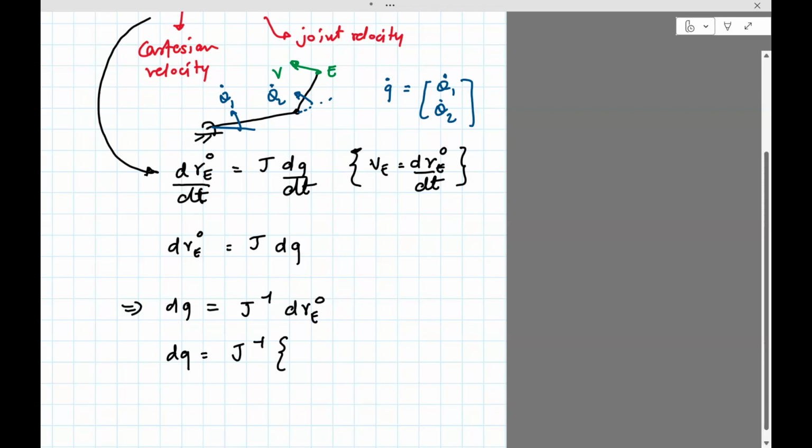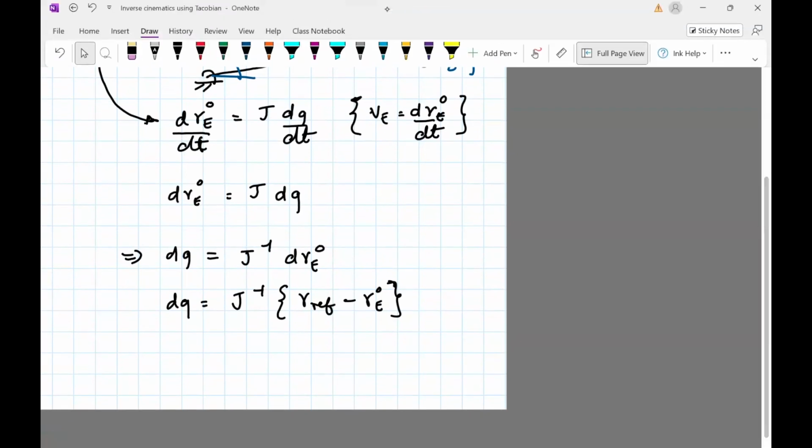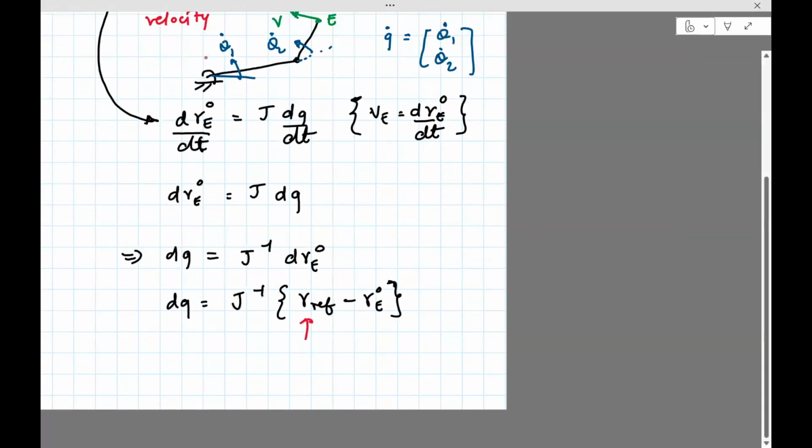That is basically the rate of change of position. And I'm going to assume that to be the reference minus the actual value. Okay, so what are those things? That is the reference position.